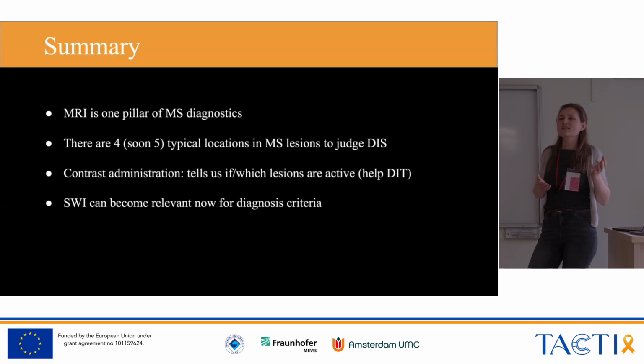So regarding the diagnostic criteria, the more diversity you see in the scan, the surer you can be of a diagnosis. And sometimes you have those patients. Contrast administration helps you in the dissemination in time and helps you especially in cases with a lot of lesion load.